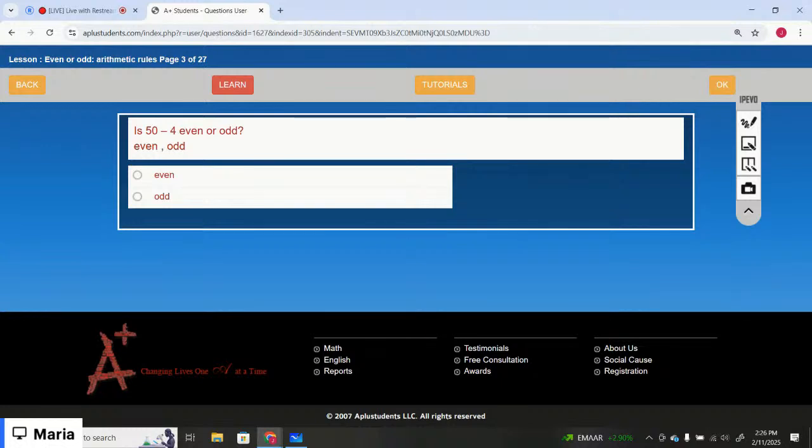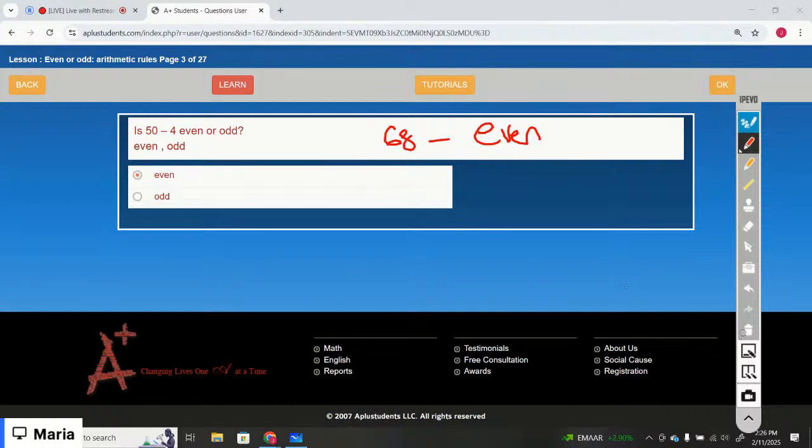The difference of two even numbers is always an even number. 50 minus 4 is 46, and 46 is an even number.